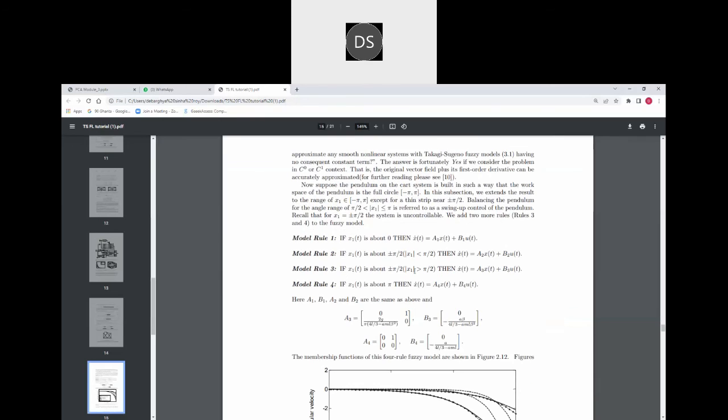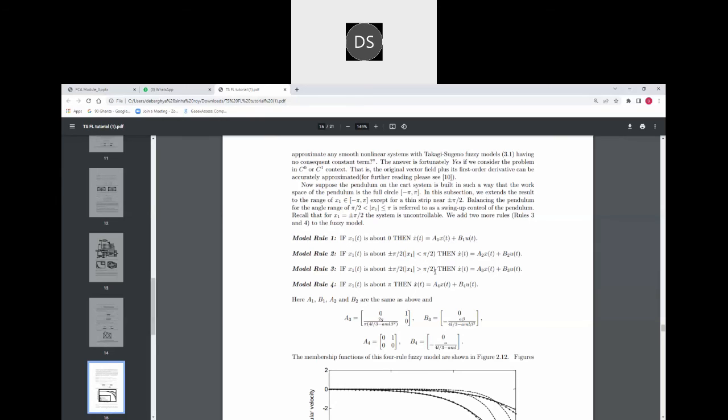Even in this case, the first two will be the same: when x1 is about 0, then a1 and b1, and a2 and b2 when x is around pi by 2. For one case the mod of x will be less than pi by 2, and for the other the mod of x will be greater than pi by 2.